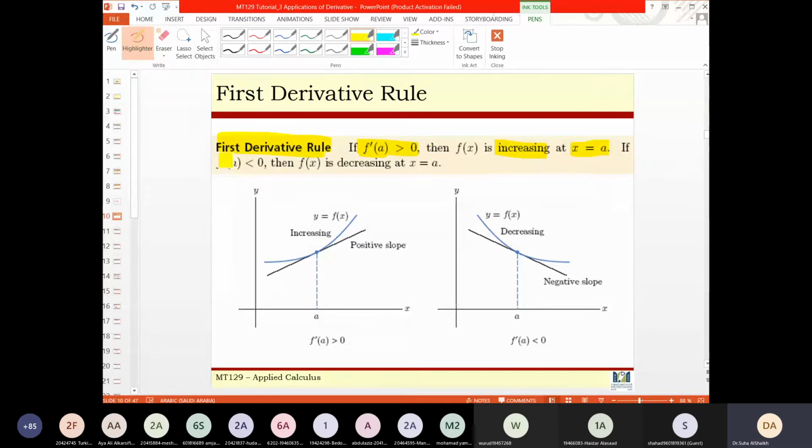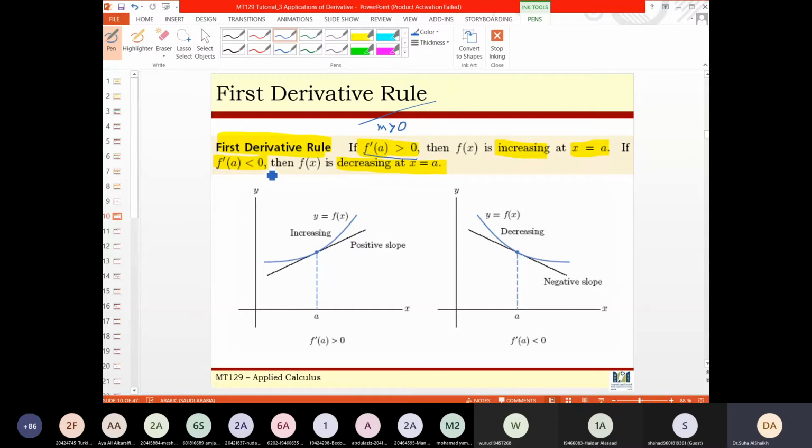And if f dash, the derivative, is negative, it means the function is decreasing at this point. It makes sense. What does it mean that the derivative is positive? It means the slope m of the tangent line is positive, meaning the tangent line is increasing, meaning the function is increasing. Right? So if the derivative at a point is positive, this means that the function is increasing at this point.